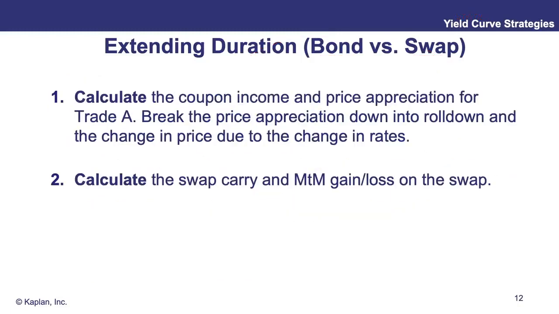Okay, so let's consider the coupon income and the price appreciation for trade A. We're going to break the price appreciation down into roll down, that's part 2 of the return decomposition, and the change in price due to changes in rates, that's part 3 of the return decomposition. Coupon income is part 1. So this is good revision of the total return decomposition we saw 2 readings ago, the first reading in fixed income. We're asked here to calculate the swap carry for 6 months.